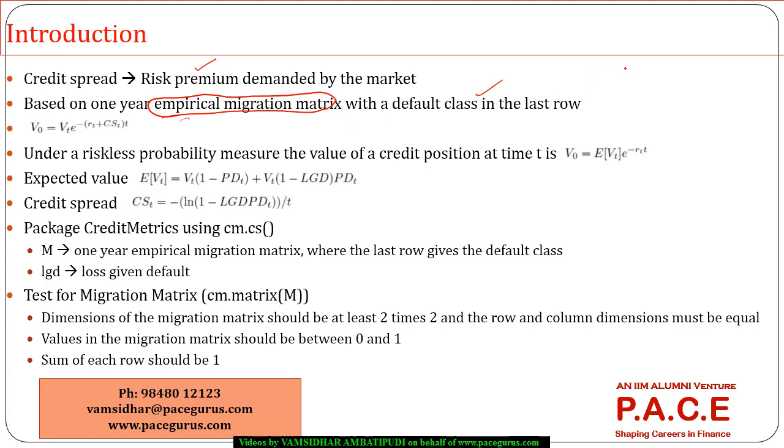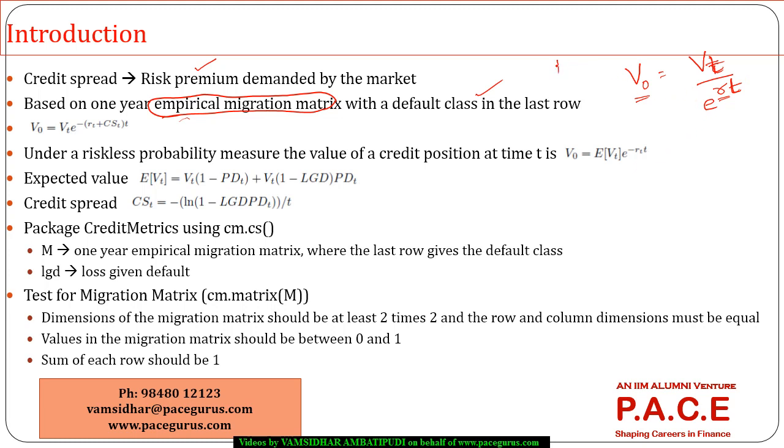But normally, if I want to find out the value of a particular security, the simple way is, I'll find the future value and I'll discount it by e to the power of rt. At time t, whatever is the value of the security, I'll discount it by e to the power of rt, where r is the risk-free rate of return.